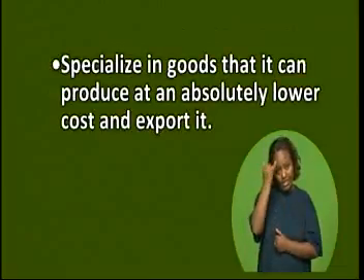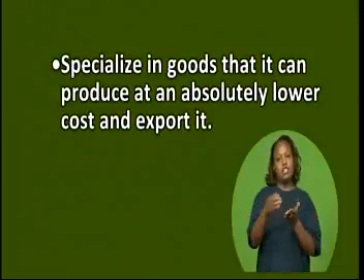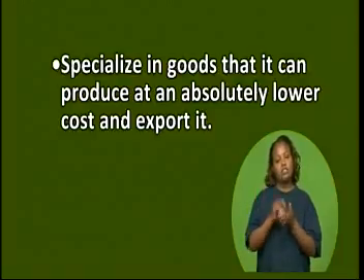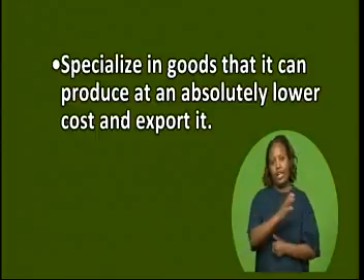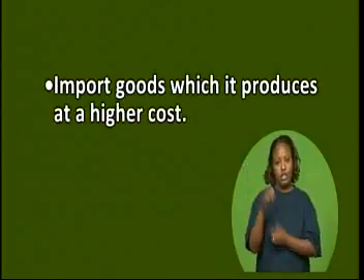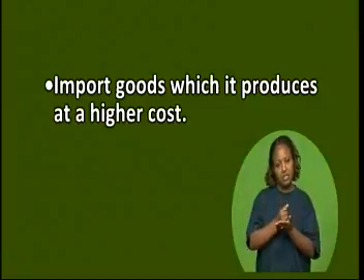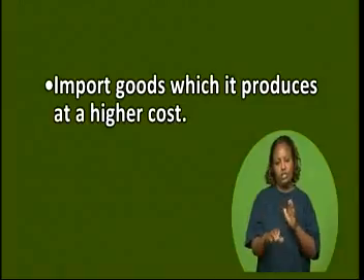The theory suggests that each country should specialize in the production of goods that it can produce at an absolutely lower cost and export it. Similarly, it imports goods which it produces at a higher cost.